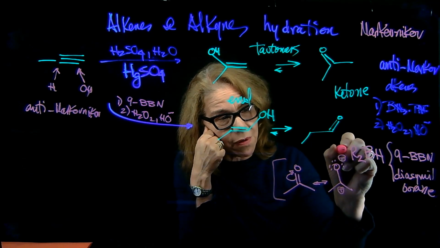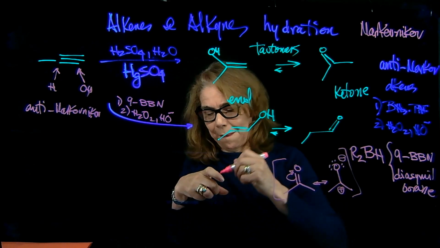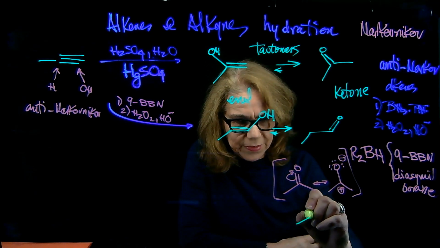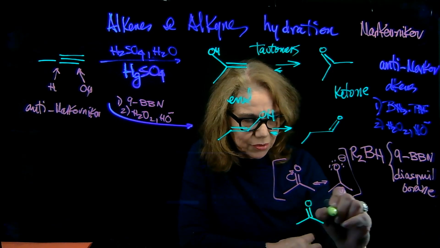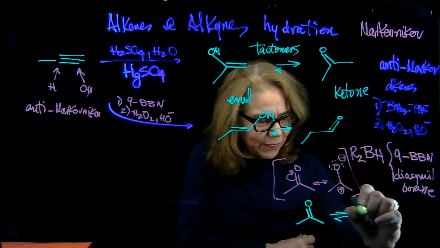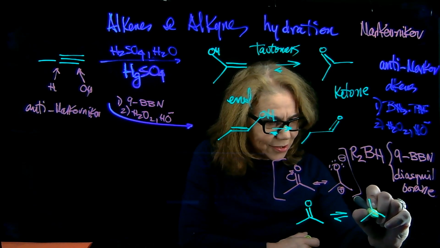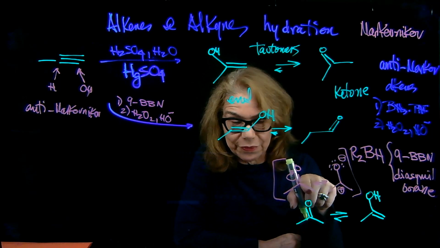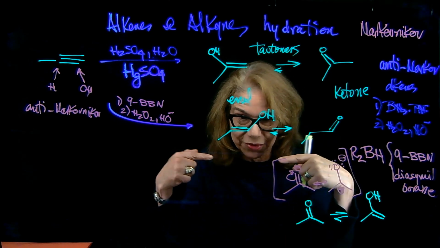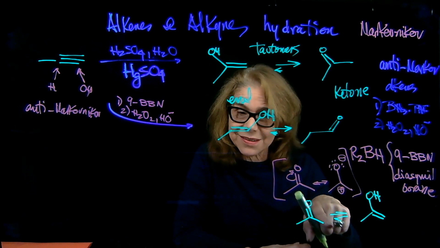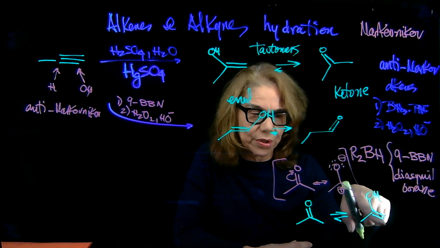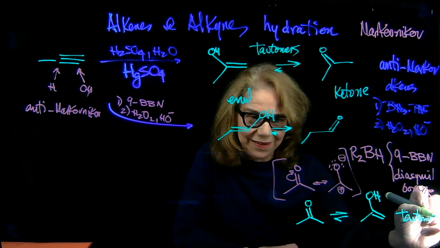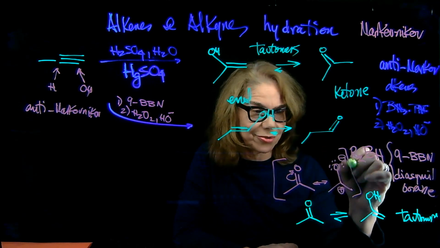These are resonance structures. But now I'm going to draw the same acetone, and the enol of acetone is that. Notice that I'm using a different arrow. The arrow for resonance structures is a two-headed arrow, and this is an equilibrium. These two are tautomers, and these two are resonance structures.